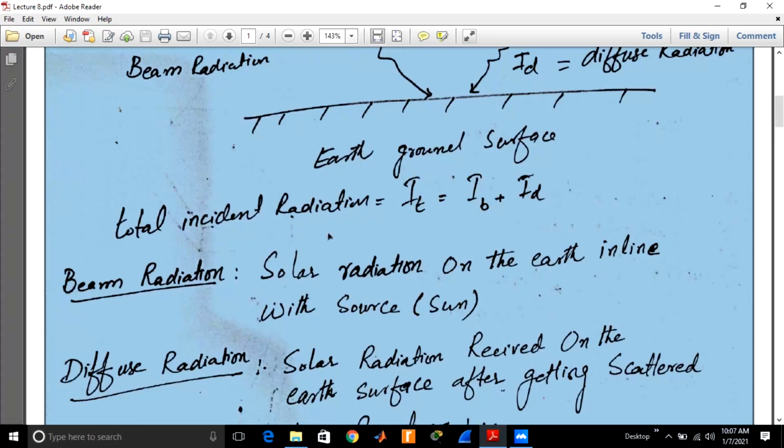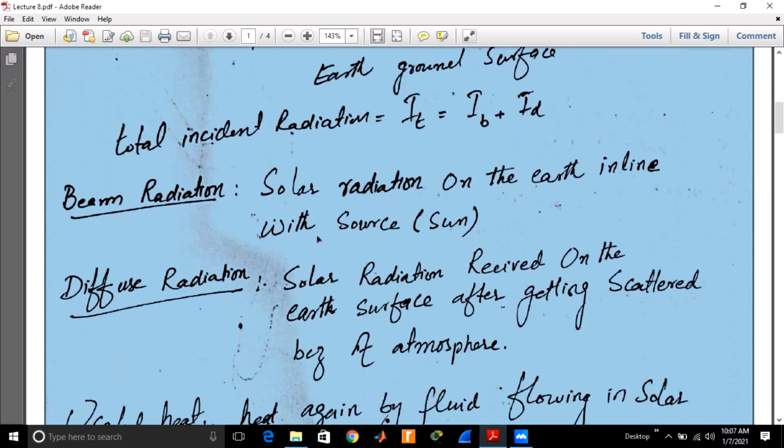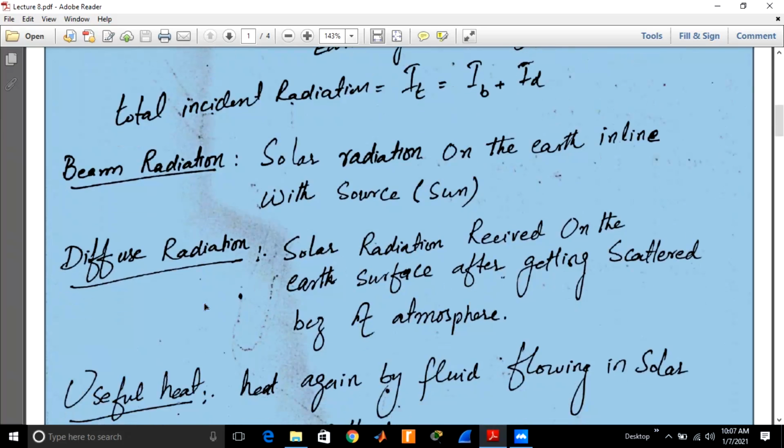Or you can define beam radiation as the radiation which comes from the sun toward the earth directly, and diffuse radiation as the radiation received on the earth's surface after getting scattered because of the atmosphere. Because of the atmosphere means there are some dust particles, some gaseous molecules, clouds. So the sun rays come toward the cloud and then scatter from the cloud toward earth, and this is called diffuse radiation.